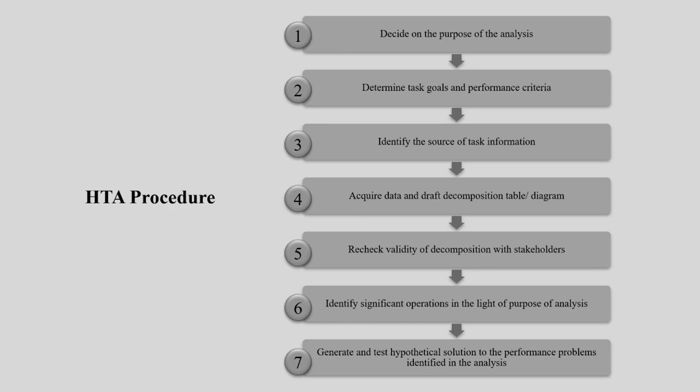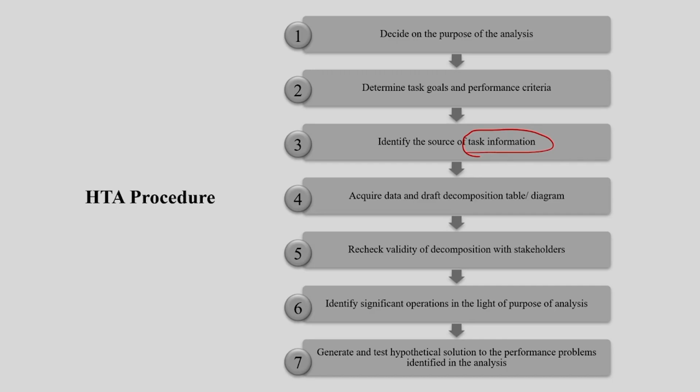Third, identify the sources of task information. Here this task information is very important. Okay. If we do not understand what task information is available, then it becomes very difficult to decompose those tasks further. So, identifying the sources of task information is a very, very important issue over here.